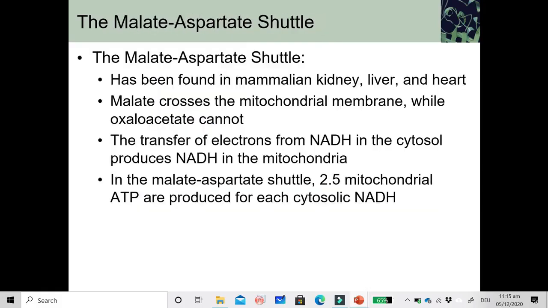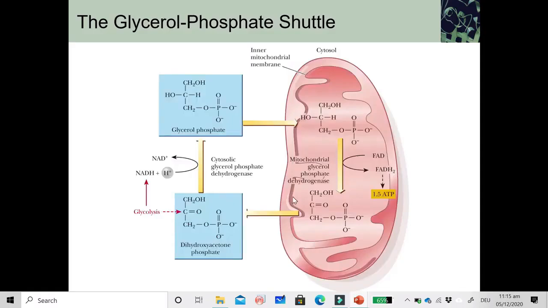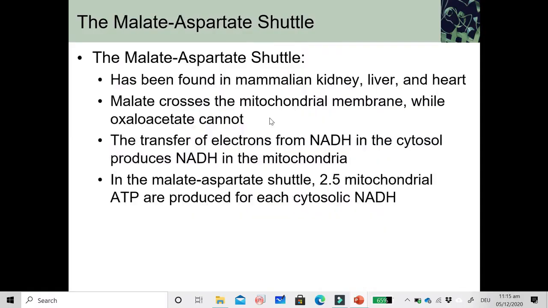Now, that operates in the muscle. The malate aspartate shuttle has been found in kidney, liver, and heart. So the malate crosses the mitochondrial membrane, while oxaloacetate cannot. So the transfer of electrons from NADH in the cytosol produces NADH in the mitochondria.